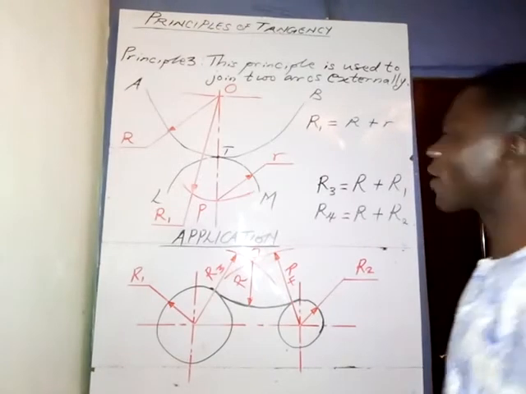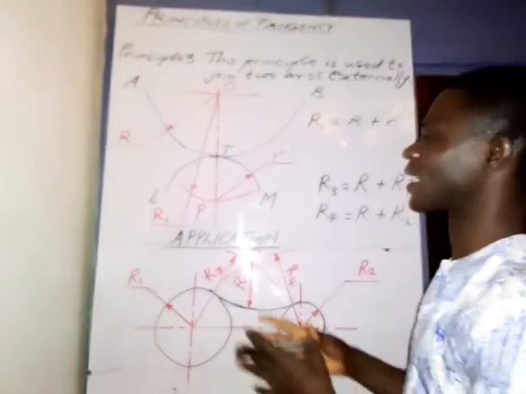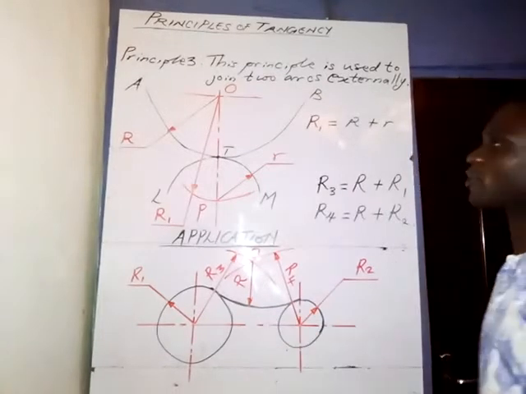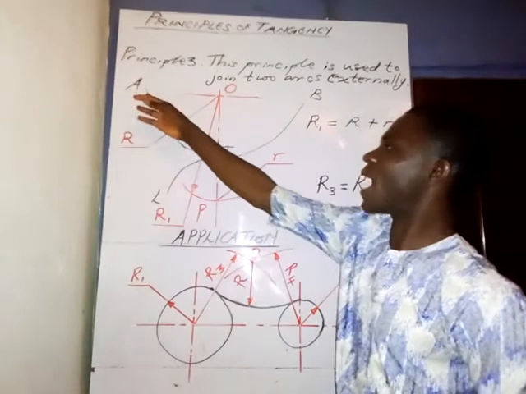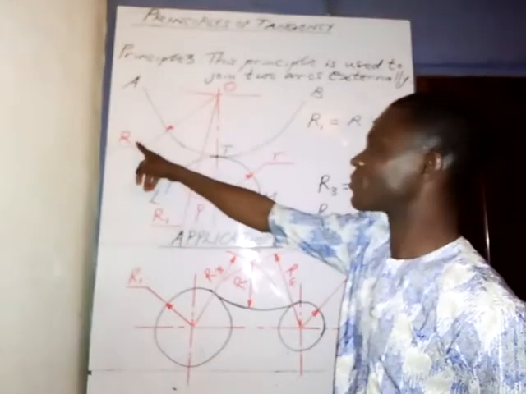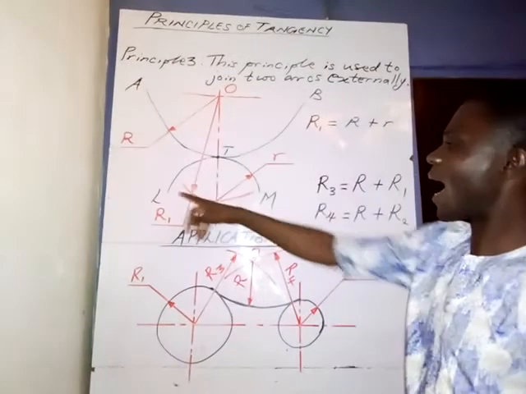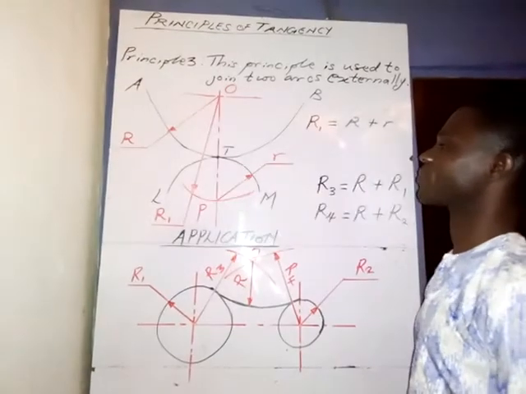So how can we make these two arcs touch each other externally? That's what I want to explain to you here. Arc AB has a radius capital letter R, and arc LM has a radius small letter r.